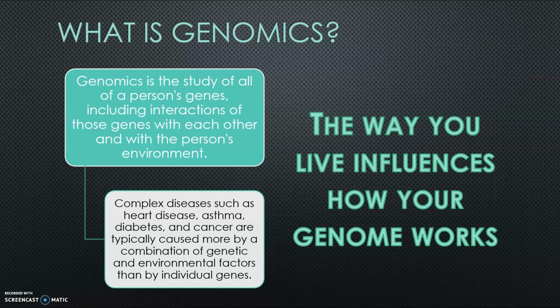This makes sense if you think about complex diseases that we can understand a little better with the help of genomics, like heart disease, asthma, diabetes, and cancer, because although you can be at risk for these, how you live ultimately influences how badly you may or may not be affected by these conditions.